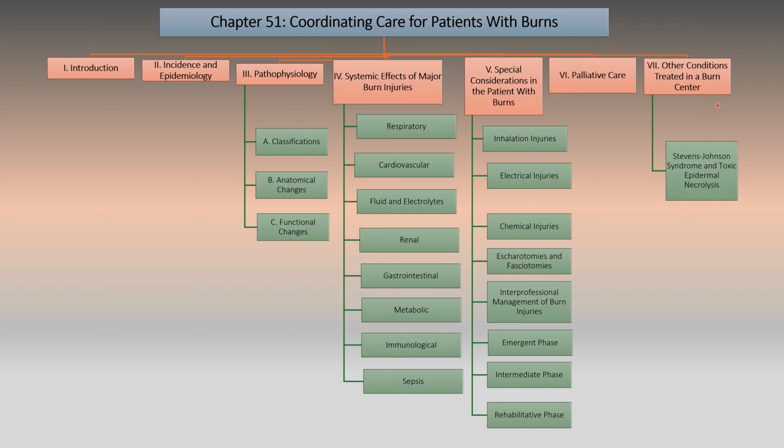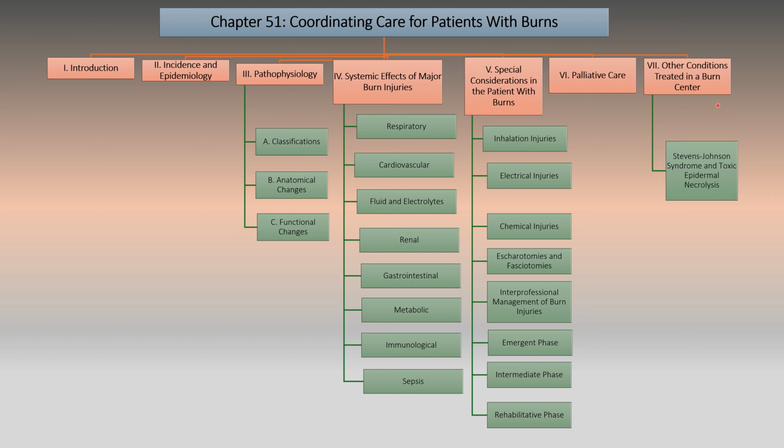This section also outlines conditions beyond typical thermal, electrical, or chemical injuries that are often managed in specialized burn centers. The 5 key points from this is: expand scope of care.